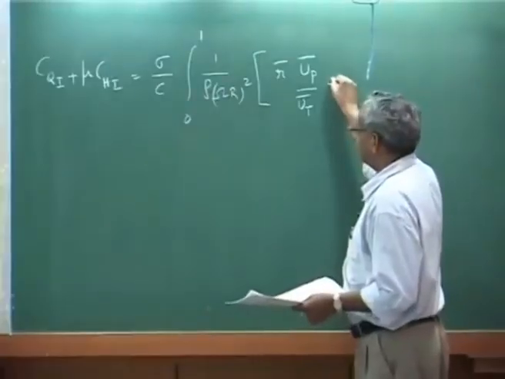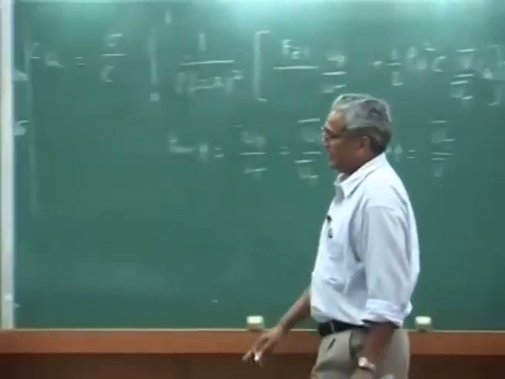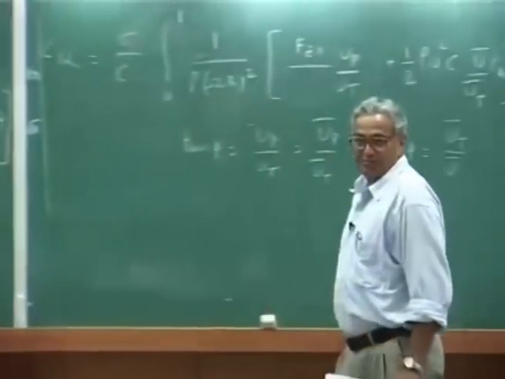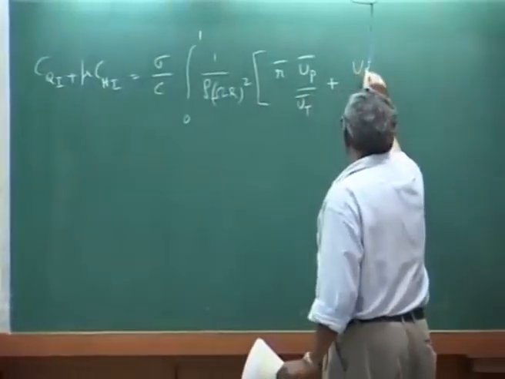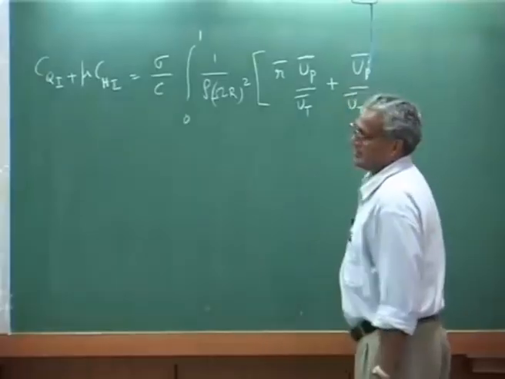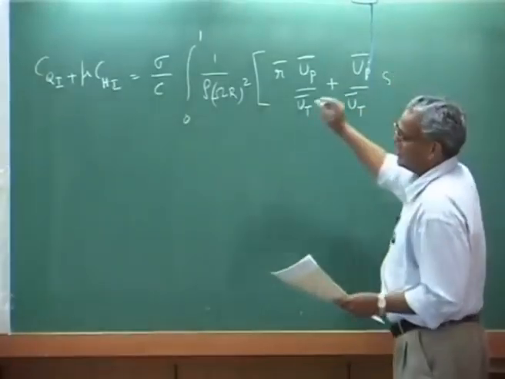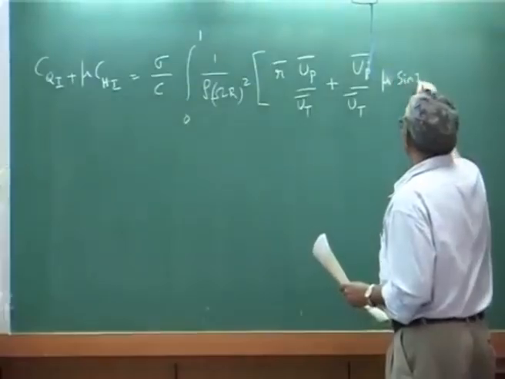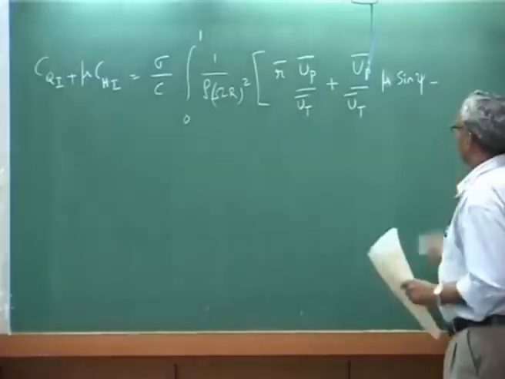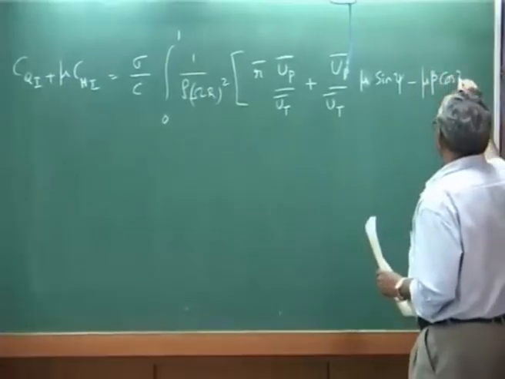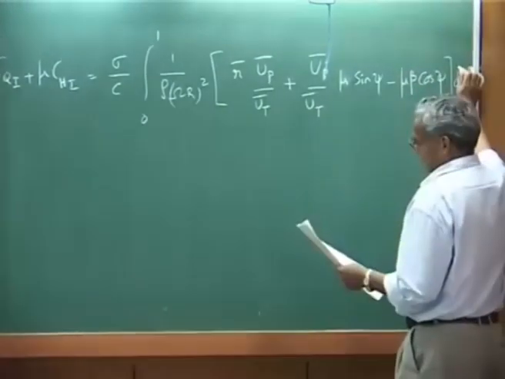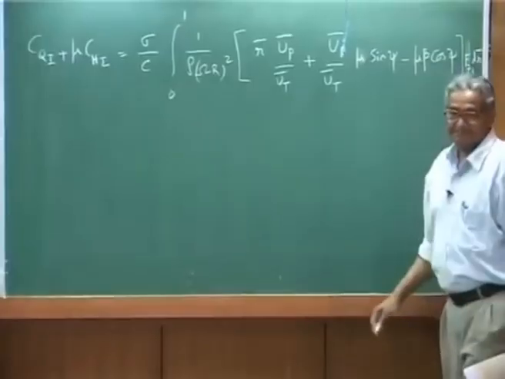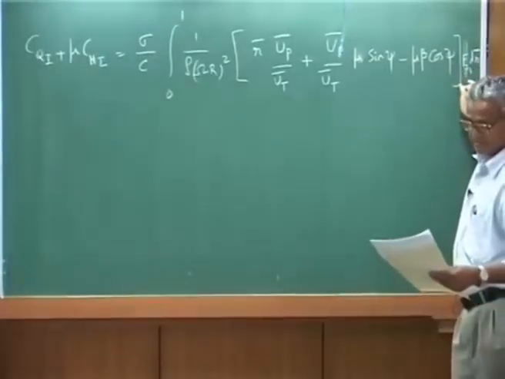Then plus, I have to take this term, that is U_P bar over U_T bar sin psi, but there is a mu, so I will put a mu, then minus mu beta cosine psi, and F_Z1 is there, F_Z1 dr bar.